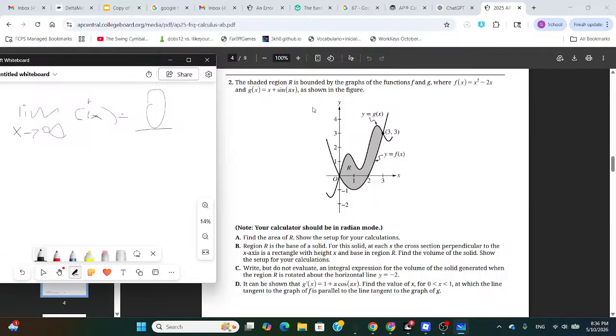Use your calculator, find the area of R. Oh shoot, is this unit 8? Dude, you have to find the area of this, dog. Wait, that's not even that bad. So you already have 3, 3.